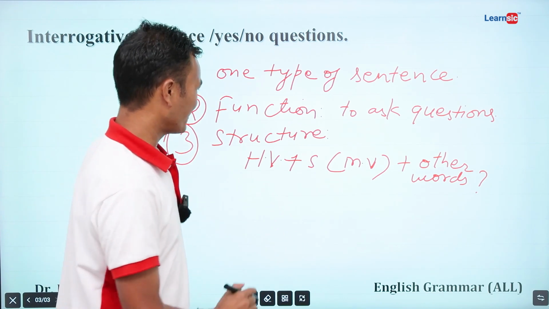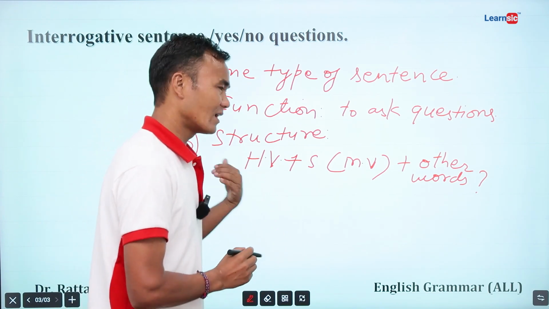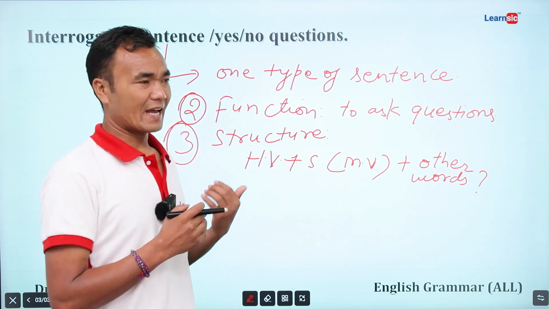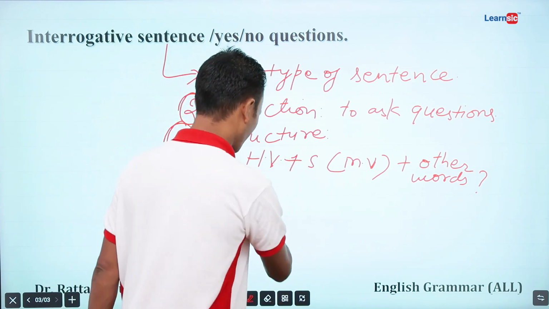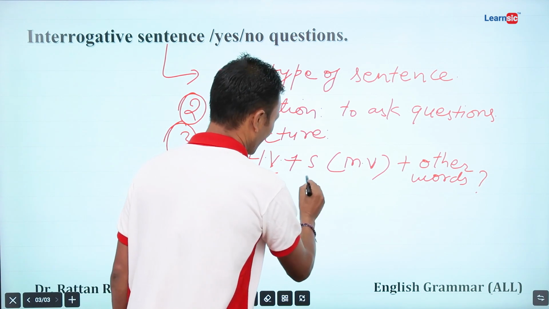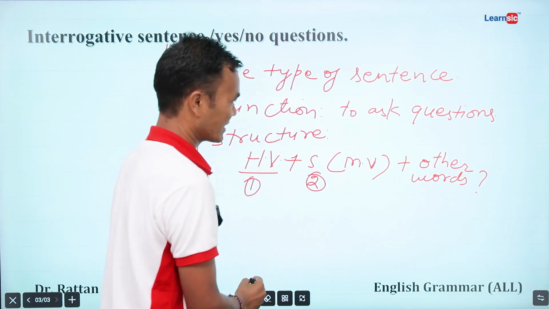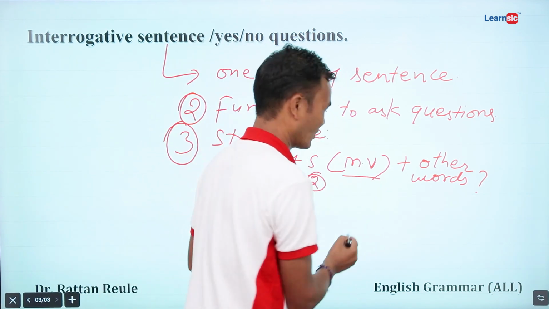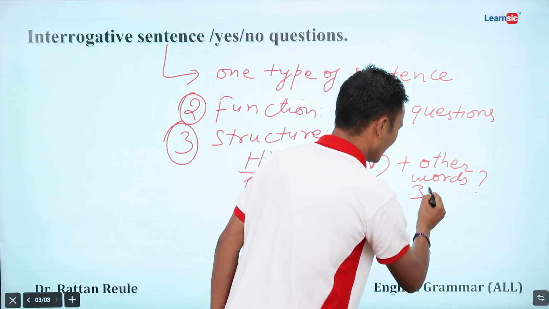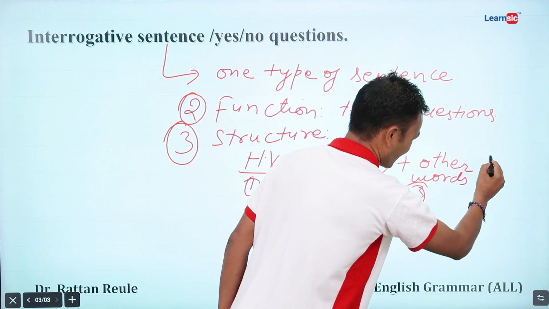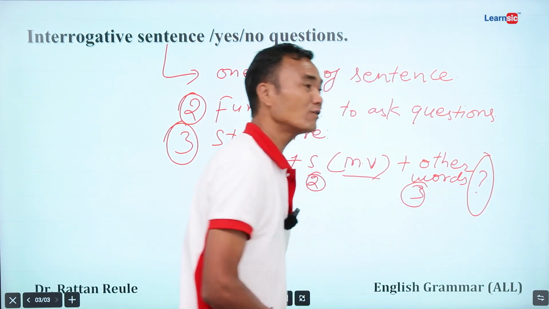So this is a very beautiful structure that it always starts with helping verbs, and then we have a subject. Number one part helping verb, number two subject, and number three, the main verb, which is not compulsory, sometimes it can be there or not. And a noticeable thing is don't forget to put a question mark.